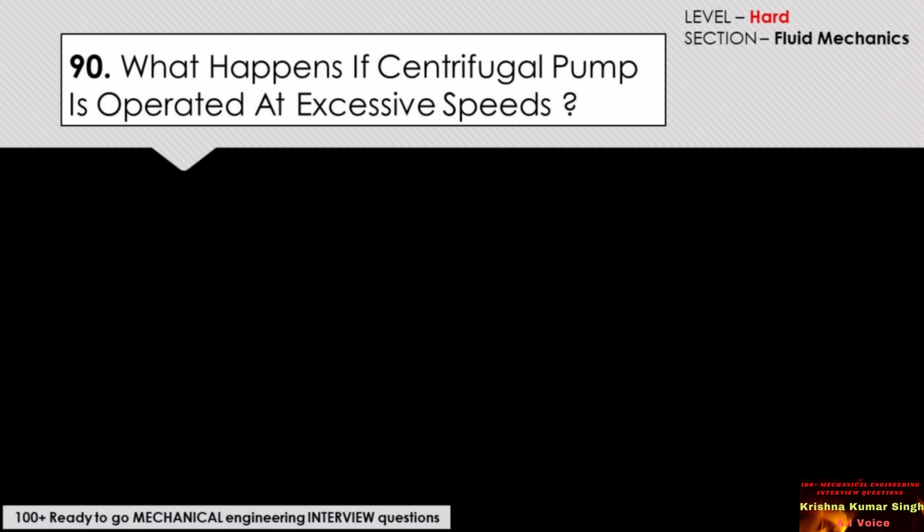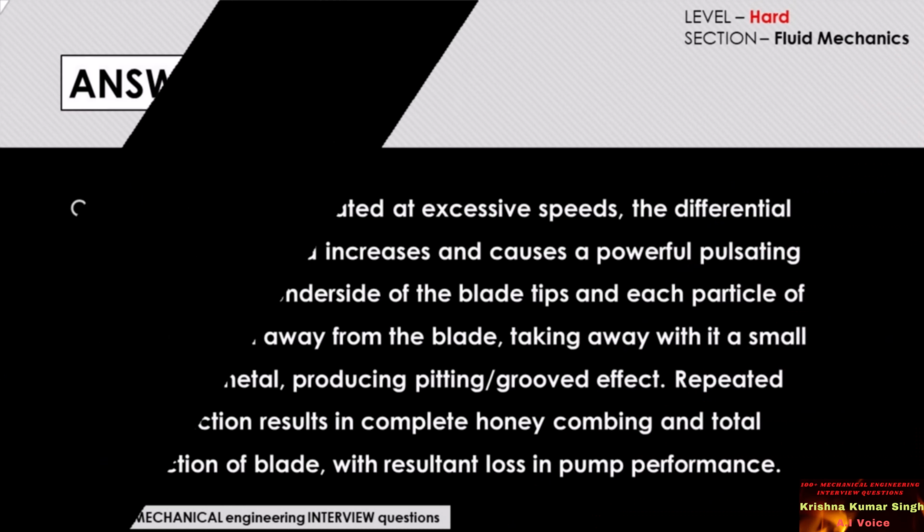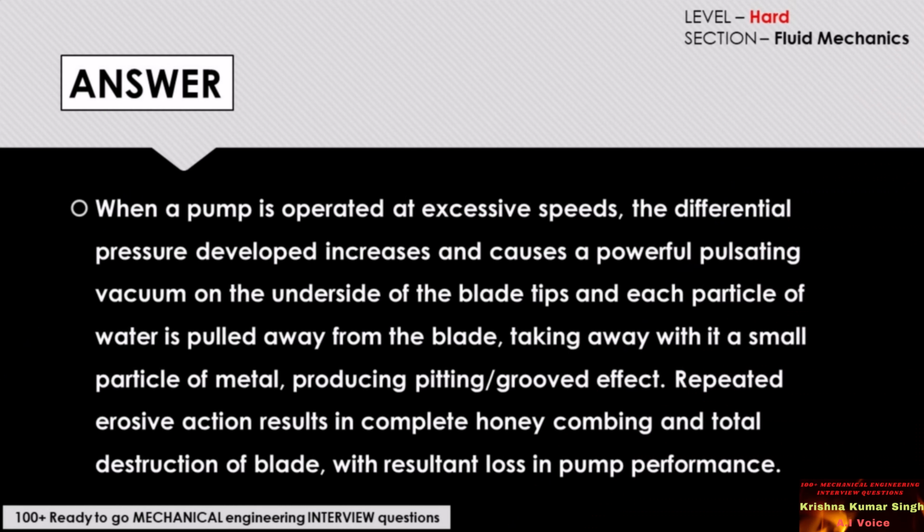What happens if a centrifugal pump is operated at excessive speeds? When a pump is operated at excessive speeds, the differential pressure developed increases and causes a powerful pulsating vacuum on the underside of the blade tips, and each particle of water is pulled away from the blade, taking away with it a small particle of metal, producing a grooved effect.